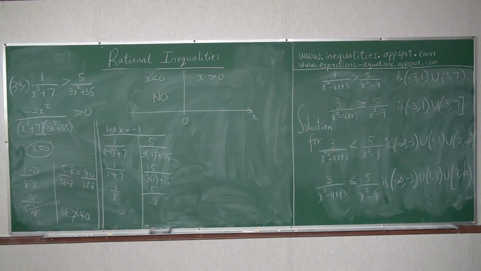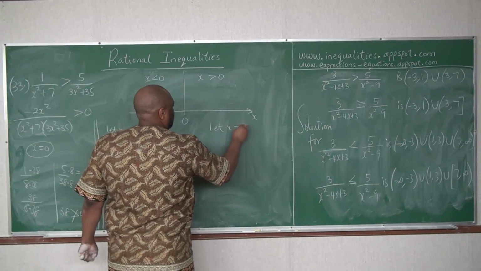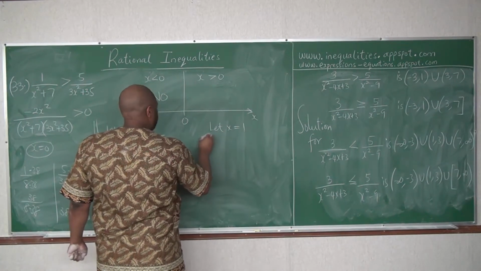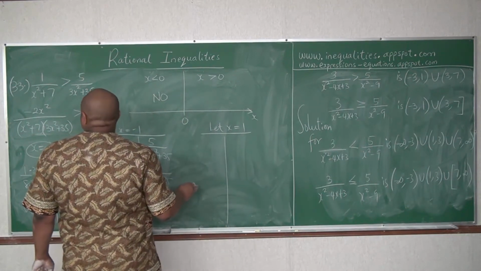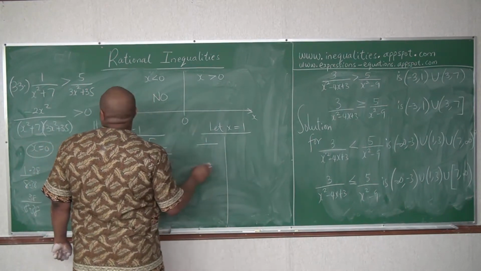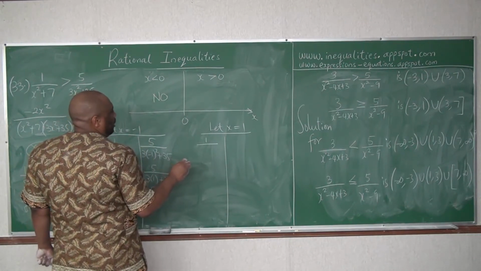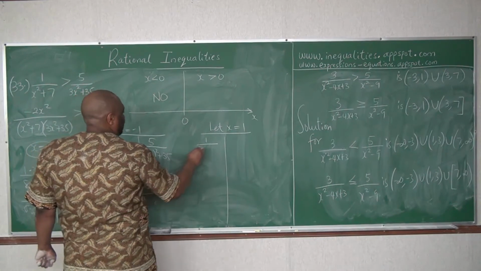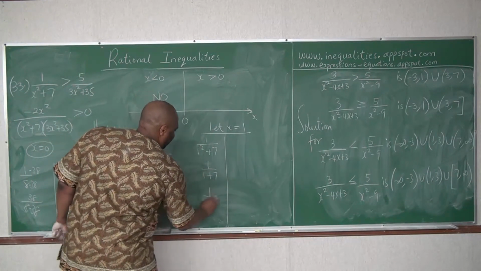Then the next one, we test with x equal to 1. So this will be 1 over 1 squared plus 7, which is 1 over 1 plus 7, which is 1 over 8.